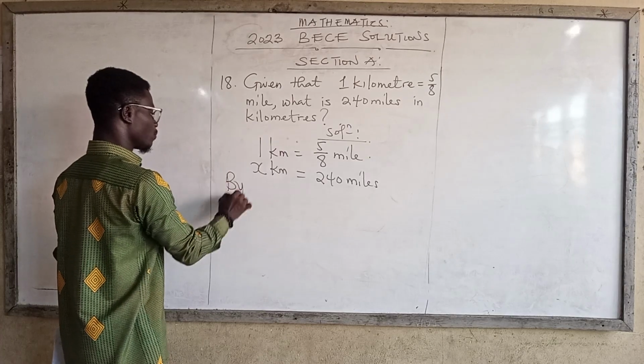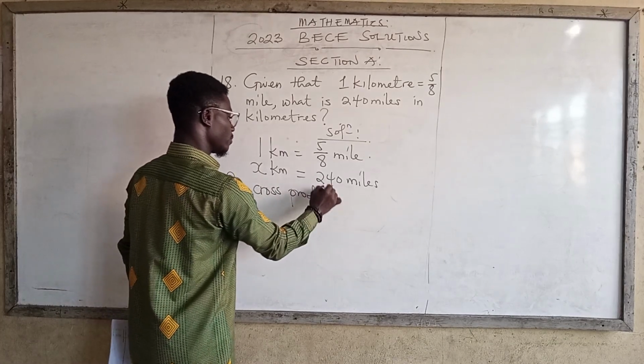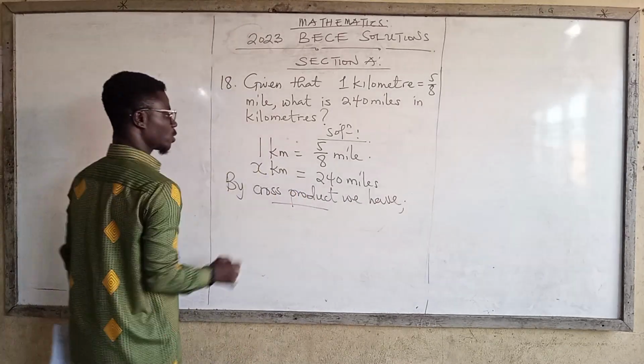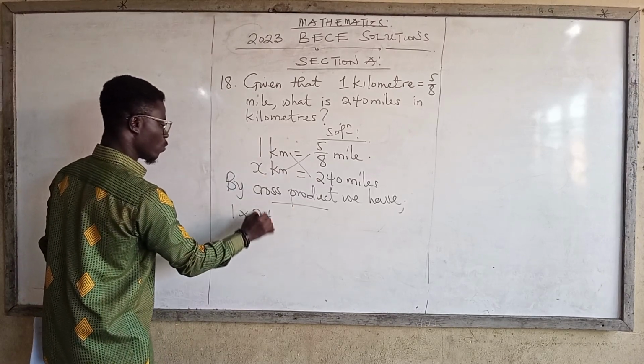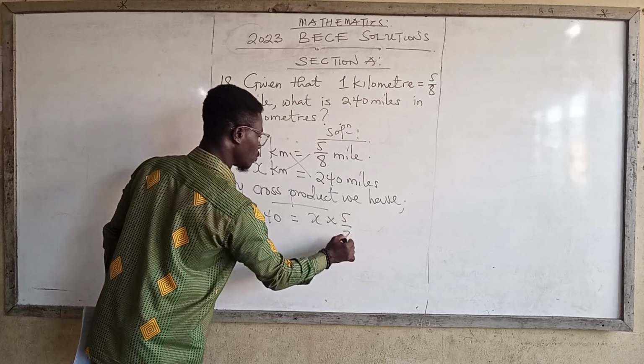So by cross product, we have 1 multiplying 240 equals x times 5 out of 8.